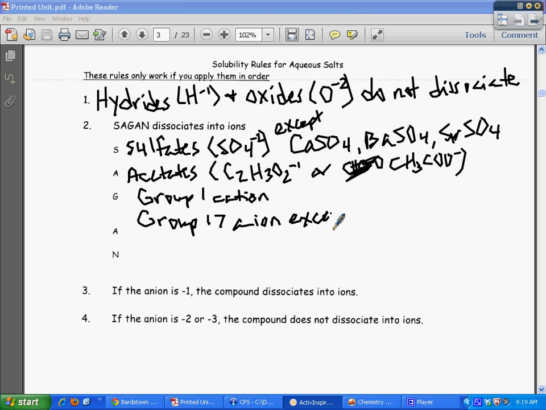Here you have 3 exceptions: silver and then whatever that group 17 anion is, mercury, and it's mercury 1, so it'll have a formula like this, and lead 2. So any compound that contains a group 17 anion, unless it's one of those 3 compounds, does dissociate into ions.